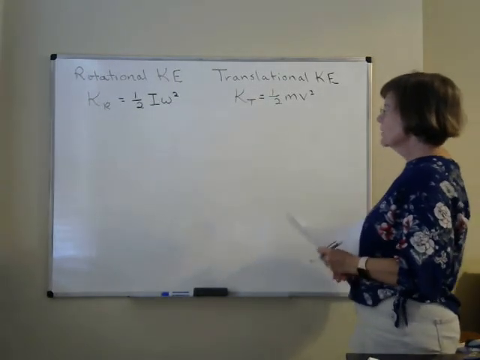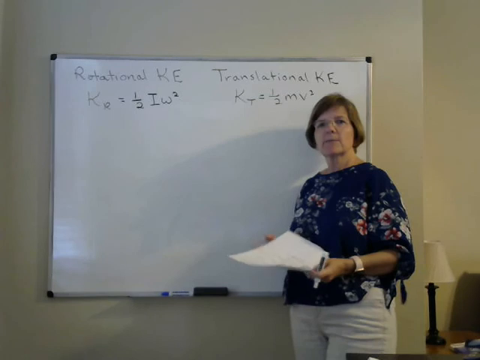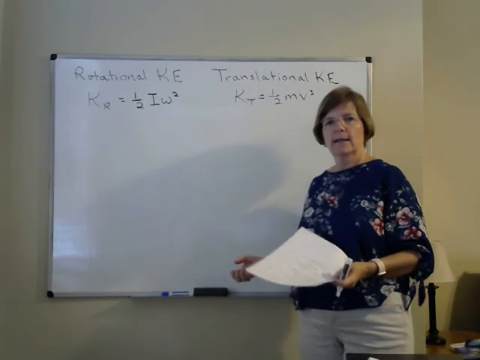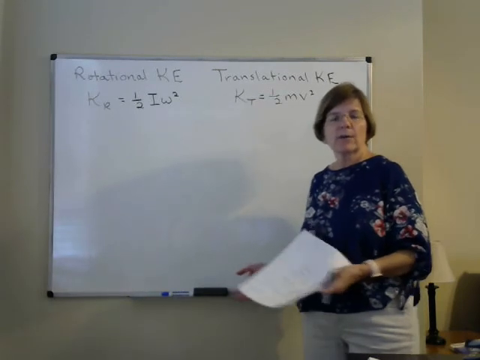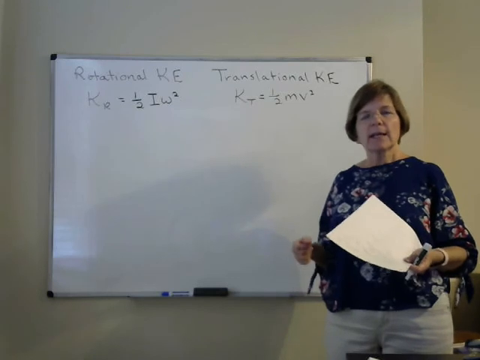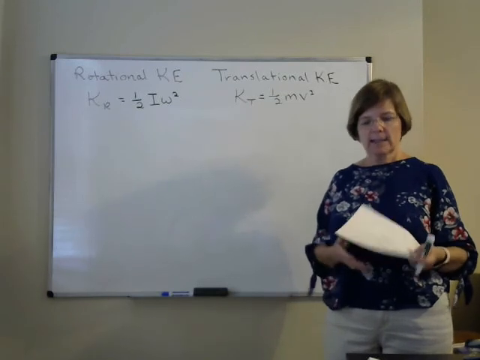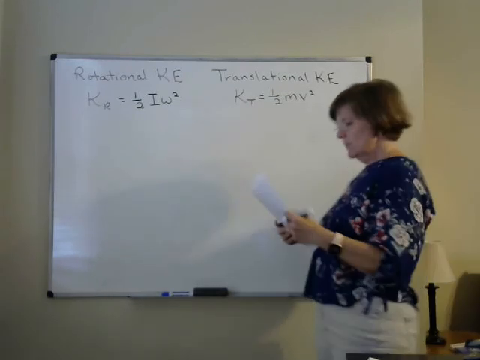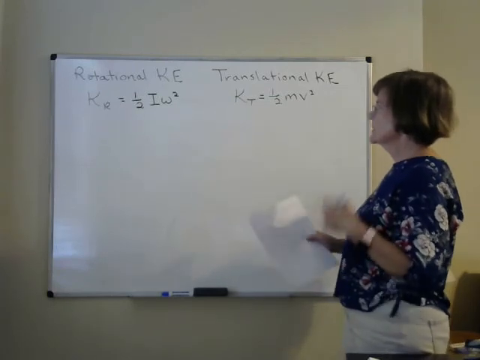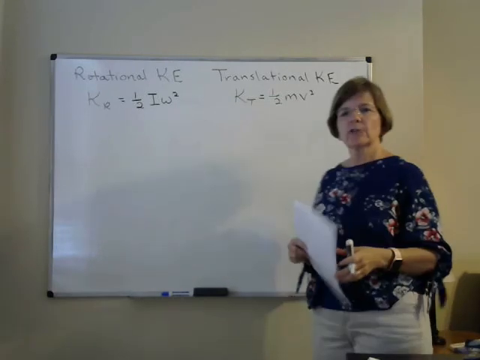It is entirely possible to have an object that is both spinning and translating. Think about a car tire rolling down the road. The tire is spinning, it's also translating, okay? So we're going to look at some problems that deal with rotational kinetic energy.